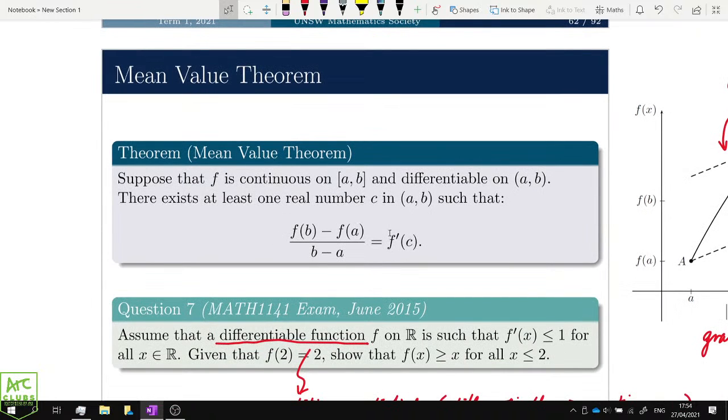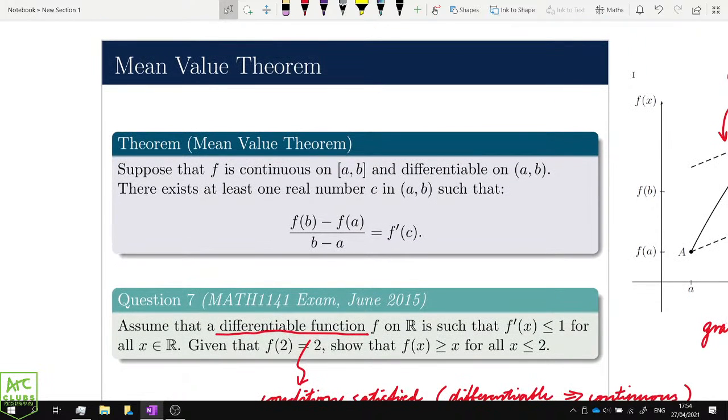Right, now to look at the last topic before we go on a small break in this workshop. Our last topic is the mean value theorem. Recall that if f is continuous on the interval [a, b] and differentiable on the open interval (a, b), then there exists at least one real number c in this interval such that this particular expression holds true.